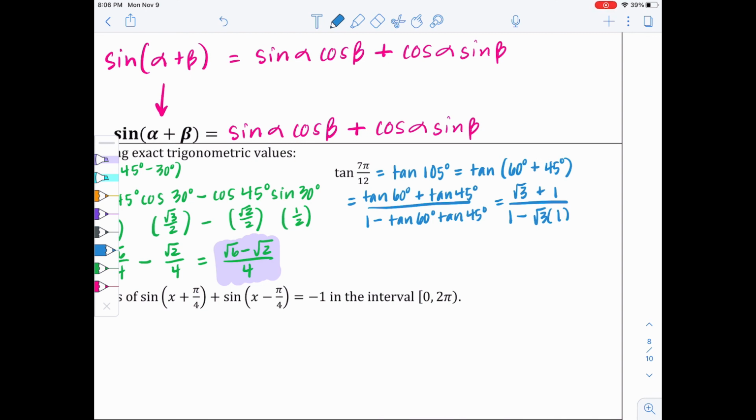The next thing we want to do is rationalize the denominator so that we don't have that square root of 3 on the bottom.